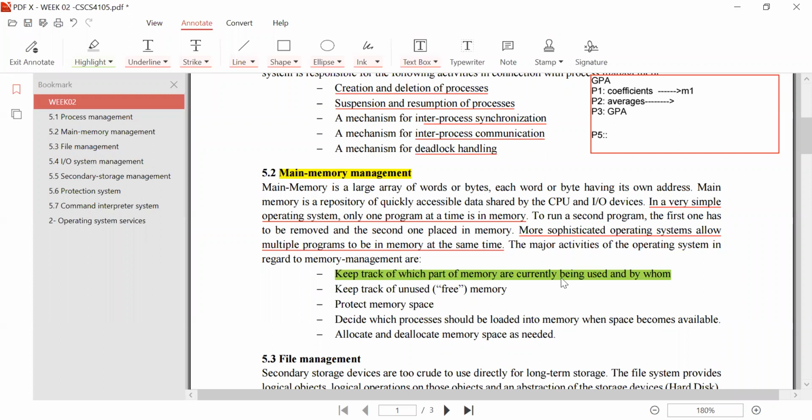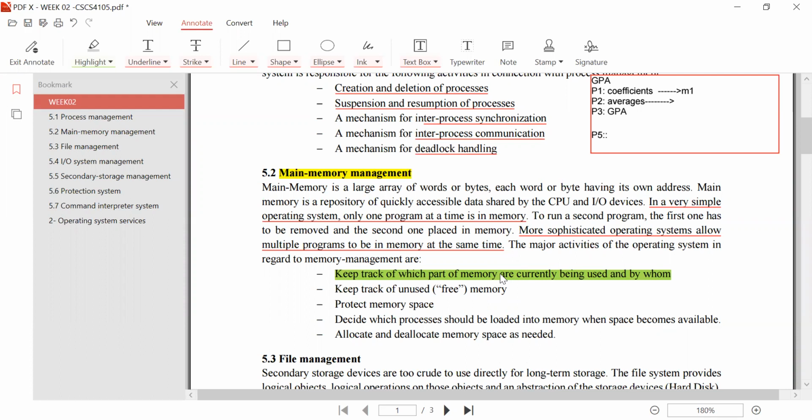If you launch your Chrome or your VLC to play your songs or watch your movies, the operating system needs to know that this program, VLC, is loaded in this part of the memory. And if a second program comes up, the operating system needs to direct that program into a different space because some other space has been occupied by VLC.